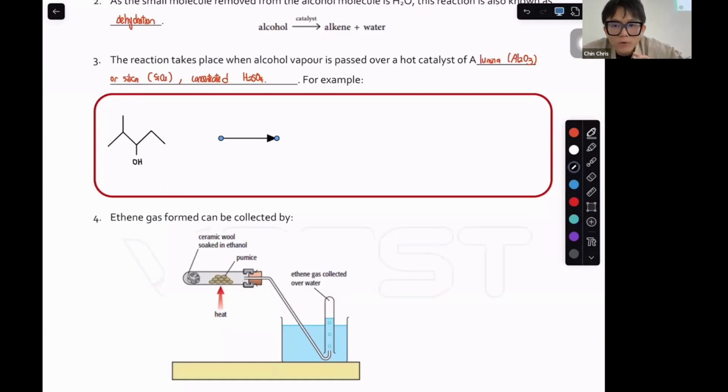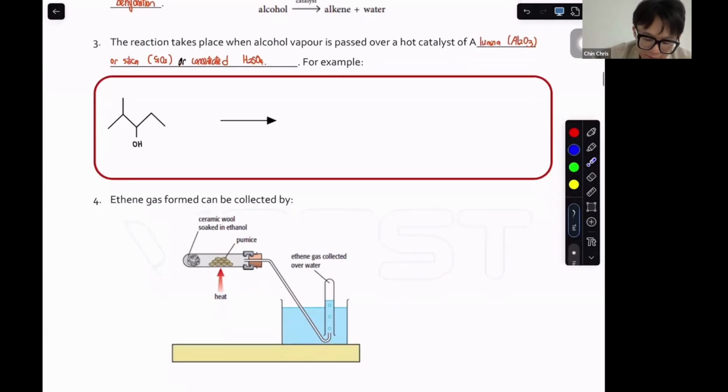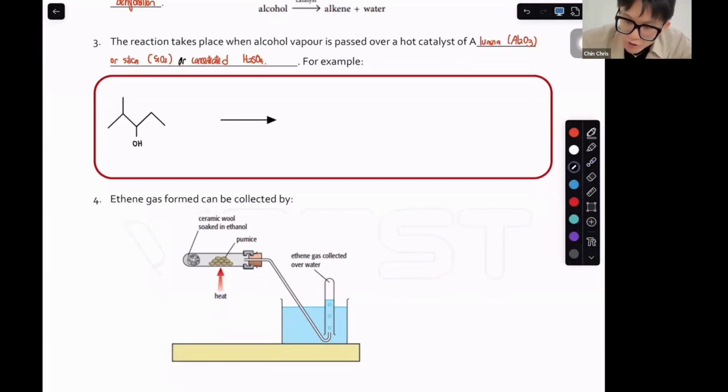Is H2SO4 for both alumina or silica? Oh, Brett got it right just now. Thank you so much, Brett. I just saw your chat. Okay, yes, H2SO4 is one of them. You have three different reagents. Any of the three can eliminate. So this time I'm going to use a concentrated H2SO4.